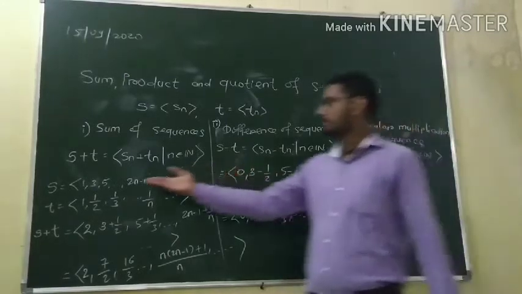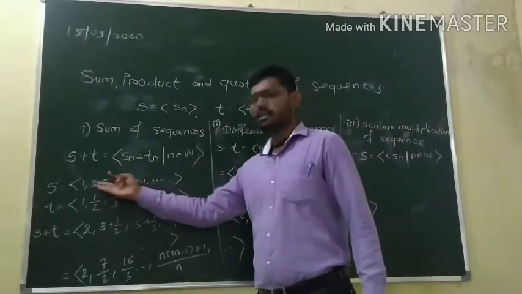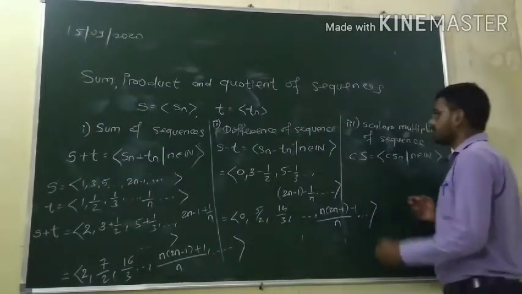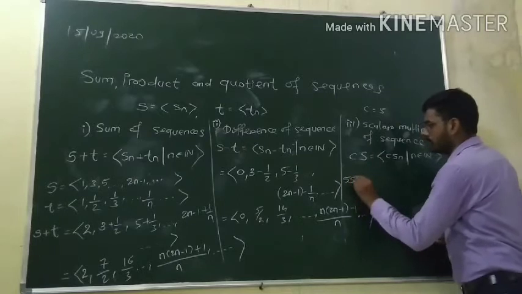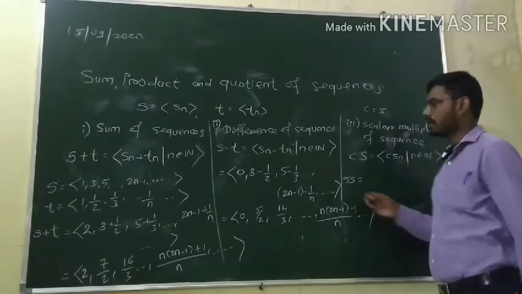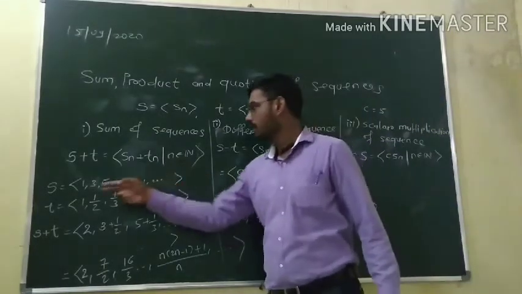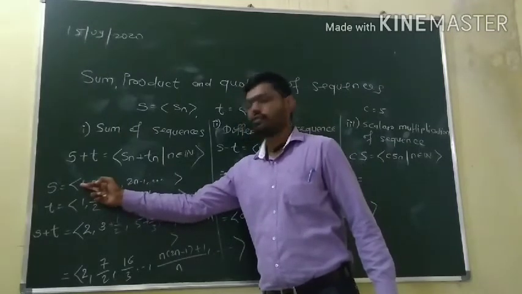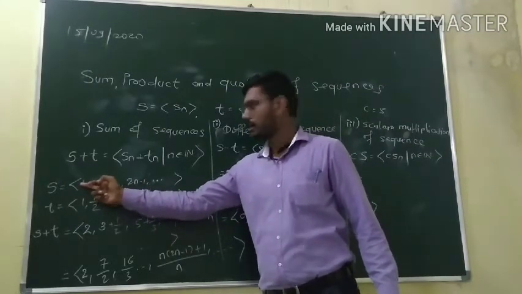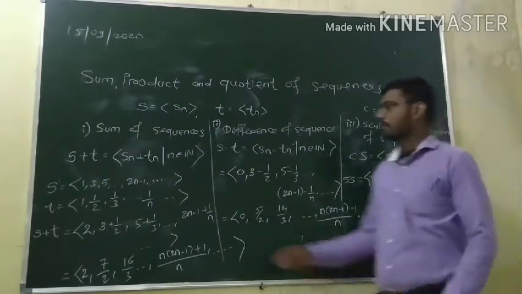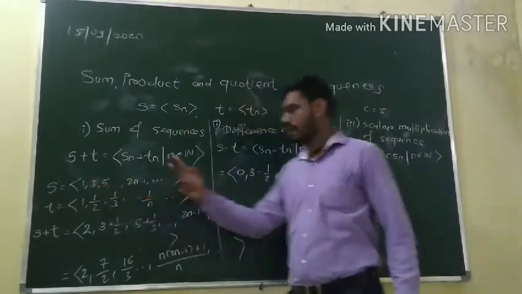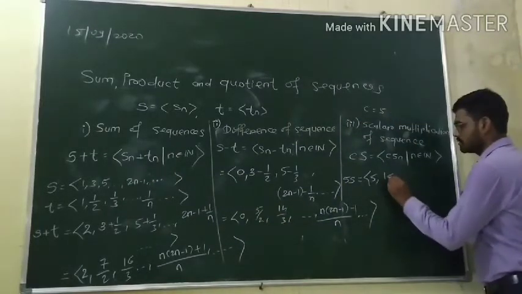Suppose S is again the sequence 1, 3, 5, and so on, and take C equal to 5. Then just multiply each term of S by 5. The first element is 1, so the first term becomes 5. Next, 5 times 3 gives the second term, 15.